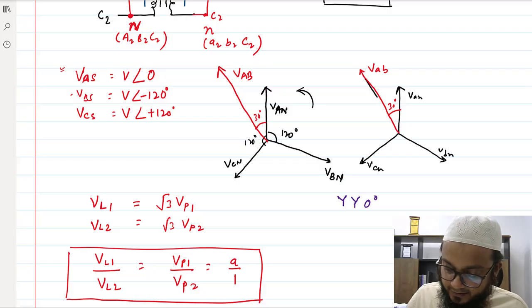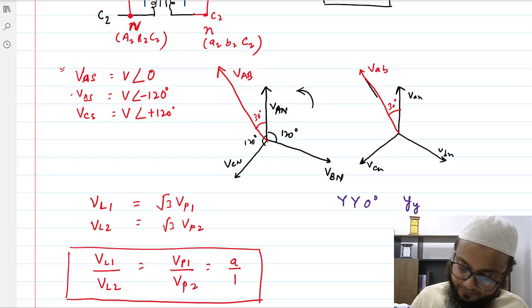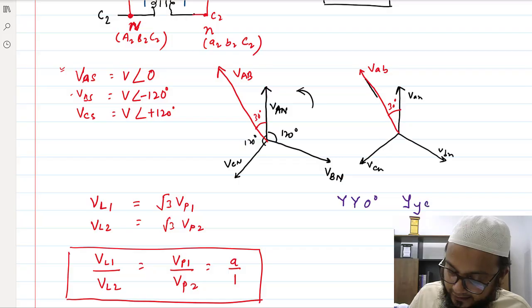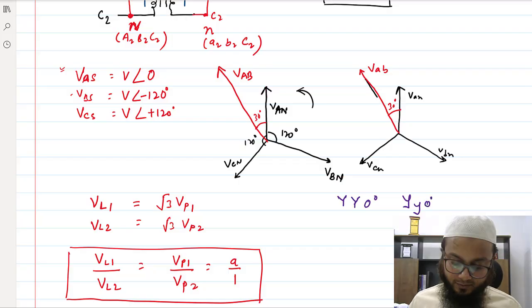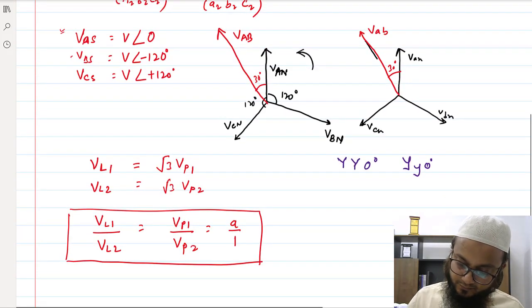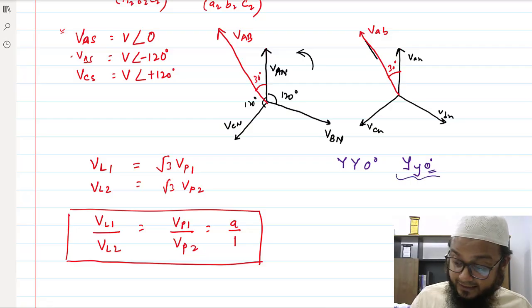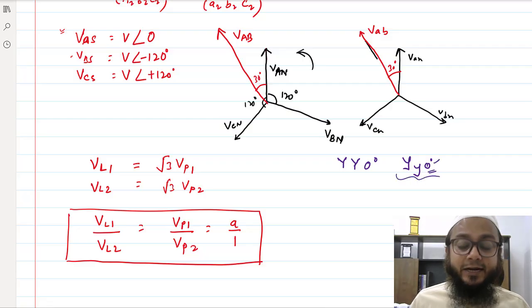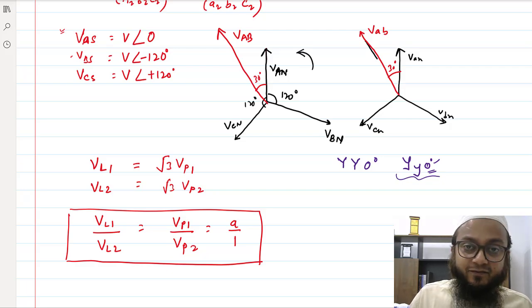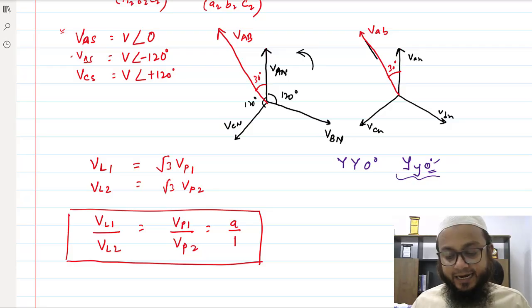Okay, they are written as capital Y and then small y and then 0 degree. So remember this angle 0 degree is actually the angle between the line voltage of the primary and the line voltage of the secondary.